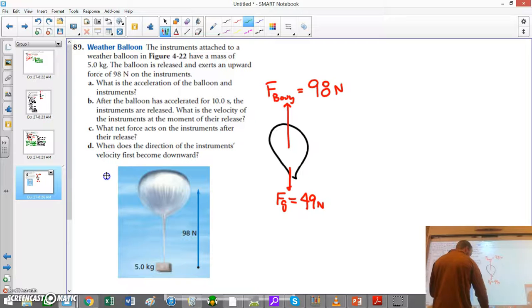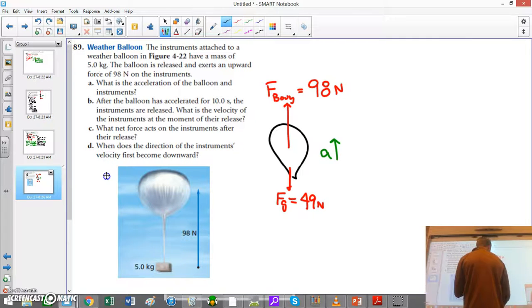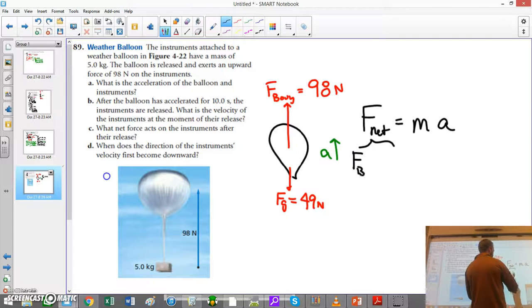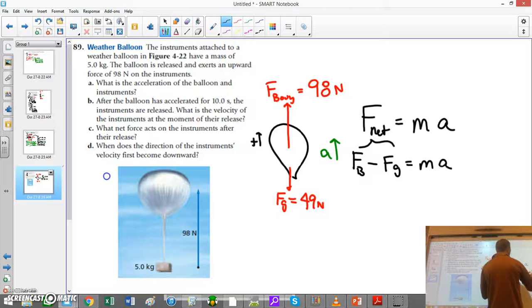So this thing's totally going to accelerate in the upward direction because there's an imbalance of force here. So to figure out my acceleration, I take my net force, which is the buoyant force, minus, because I'm going to say upward is positive, minus my force of gravity. The buoyant force is 98 minus 49. The mass was 5 and the acceleration is unknown.